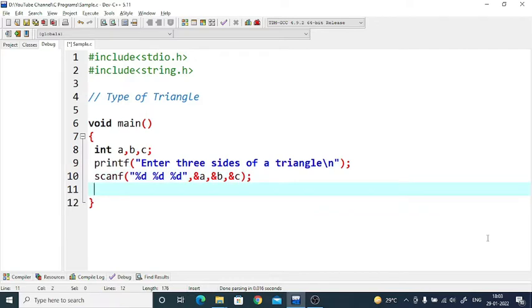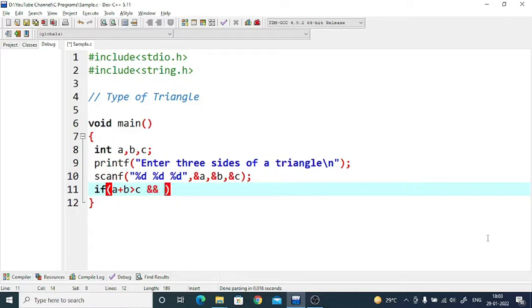Now, what is the triangle constructibility rule? It says the addition of any two sides has to be greater than the third one. If it is less than or even equal to, then the triangle is not constructible. So it will go like this: if A plus B is greater than C, and likewise I'll have three scenarios: B plus C greater than A and C plus A greater than B. I want all of them to be true, so they have to be combined with AND.